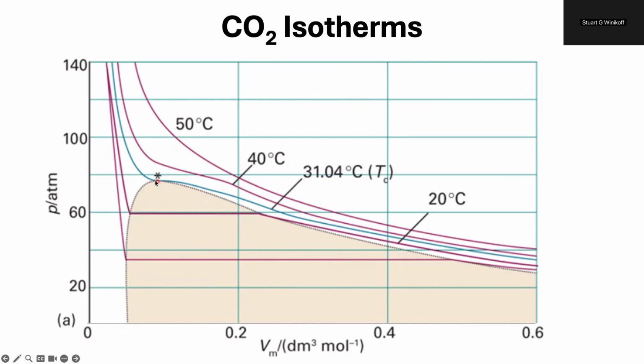However, to the left of this critical point, we form a region where CO2 forms a supercritical fluid. So this is something that essentially moves like a gas, but has the density of a liquid. So it's kind of its own phase. We won't talk about it too much, but we'll play around with it a little bit in some later chapters where we're really looking at changes in phases and not simple equations of state.